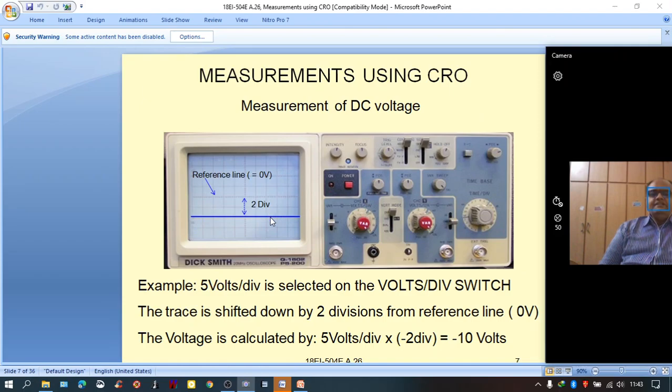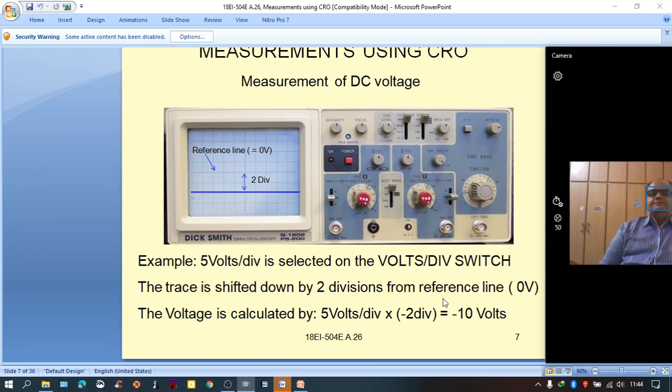Similarly, if it is negative voltage, then it will move down by 2 divisions, and with 5 volts per division position of the vertical amplifier switch, the DC input voltage applied is 5 into minus 2, that is minus 10 volts. Applied DC input voltage is negative and its magnitude is 10 volts.